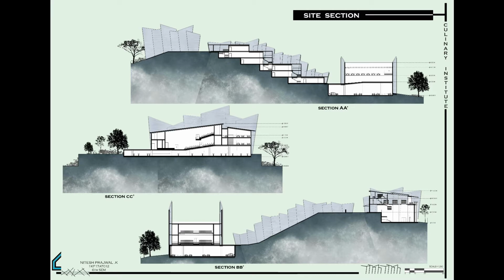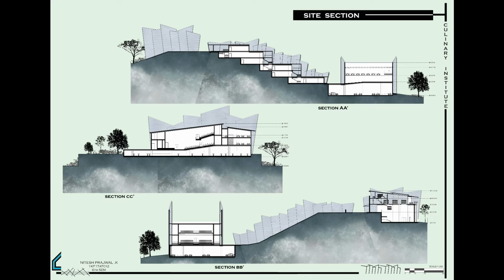While coming to the side sections, in section A, you can see the academic block placed inside the slopes like stepping, with these tilted walls. Section BB, the section of the auditorium and parking and the facade of the academic block, and a whole section of library, admin and the mezzanine floor of the library.